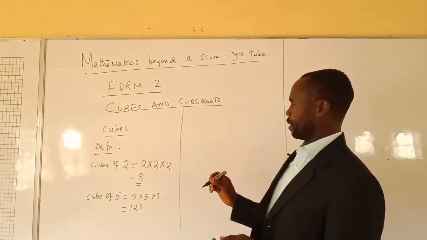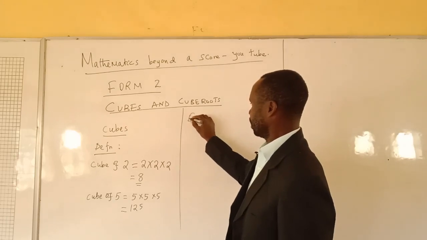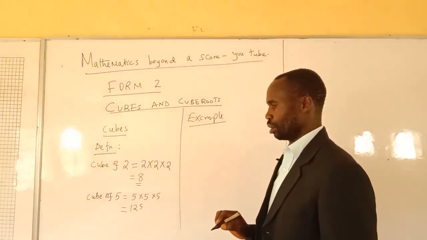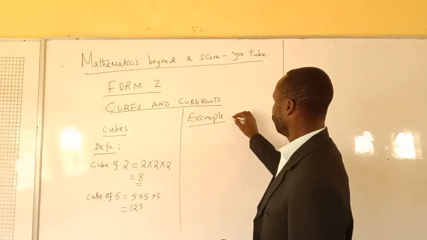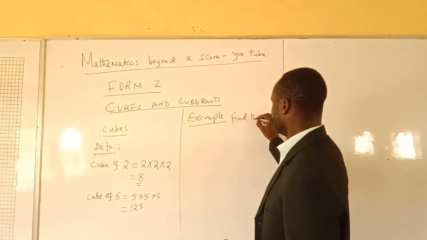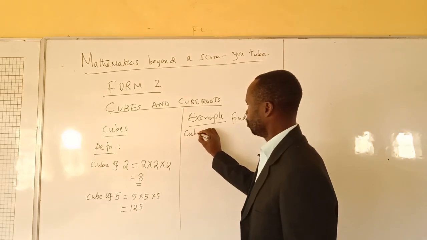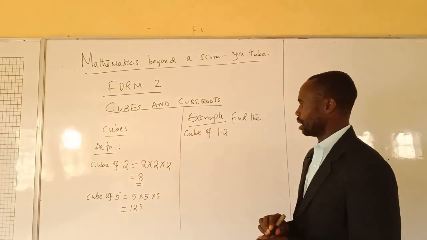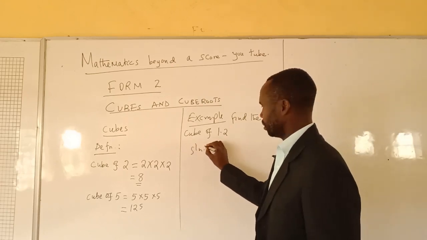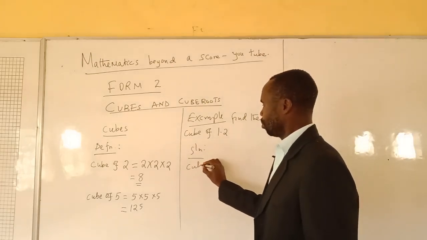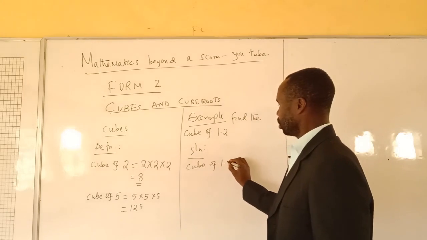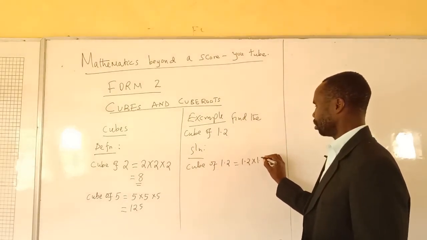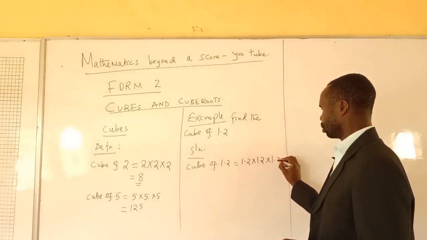For example, if somebody tells you to find the cube of 1.2, that is very easy. The solution to this one is very easy. The cube of 1.2 is 1.2 multiplied by 1.2 multiplied by 1.2.